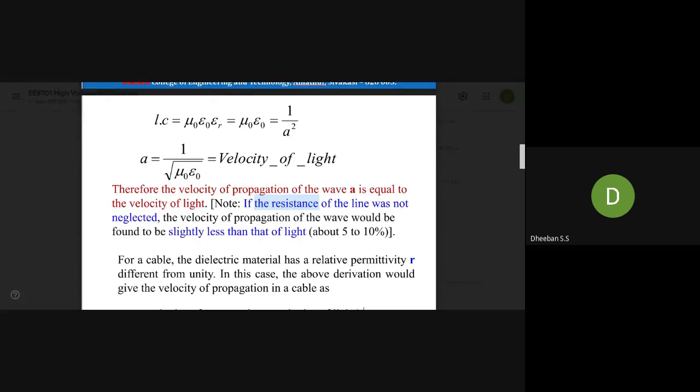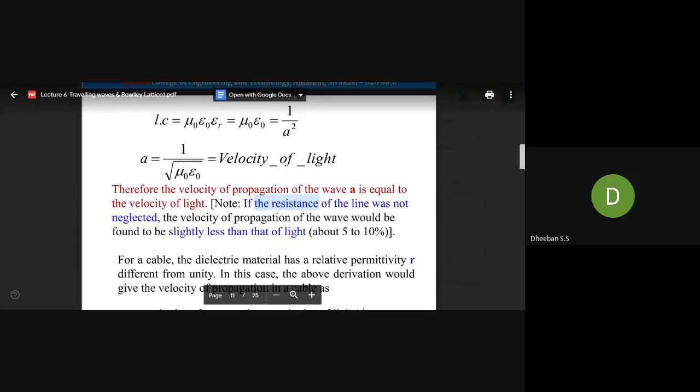So your velocity of light is, can anybody give the velocity of light in the chat box? What is the velocity of light?